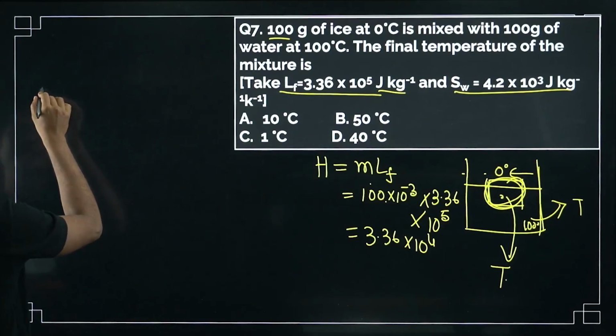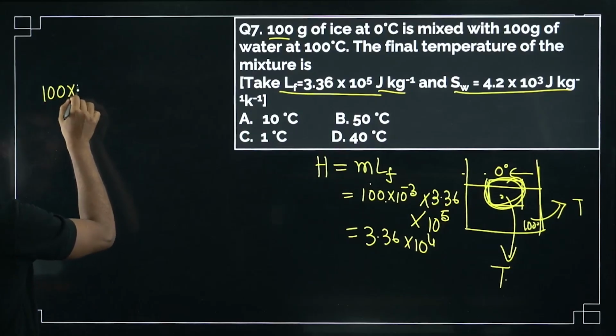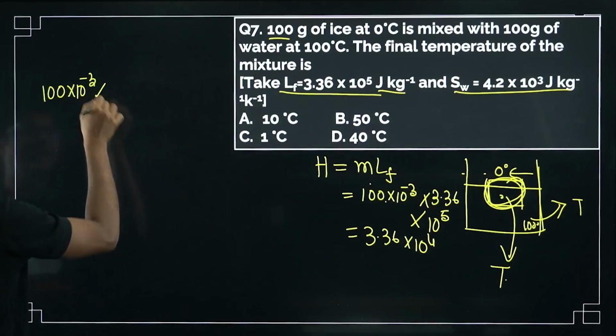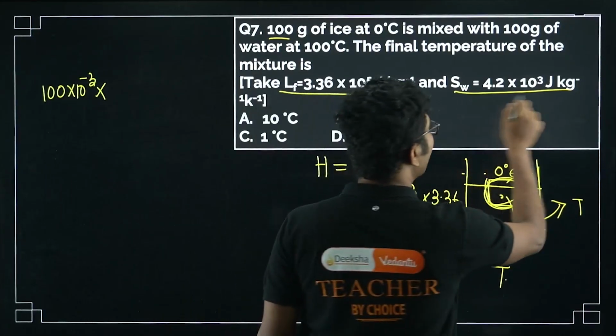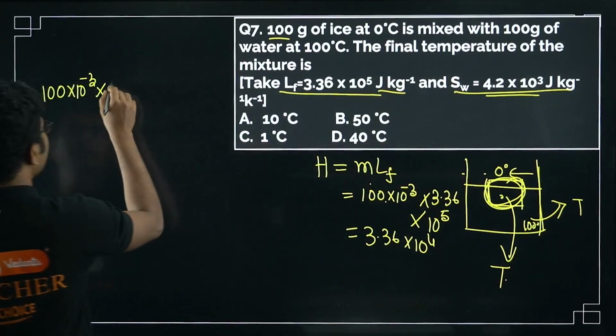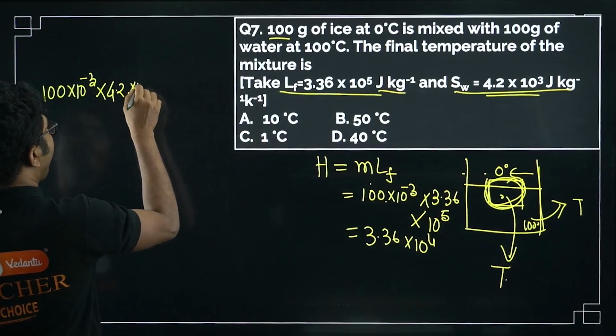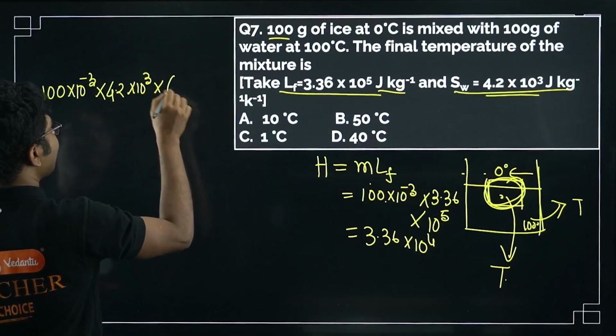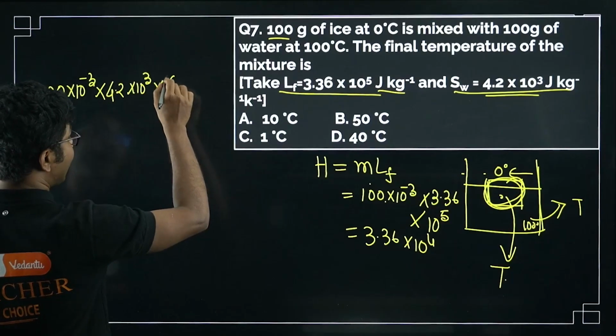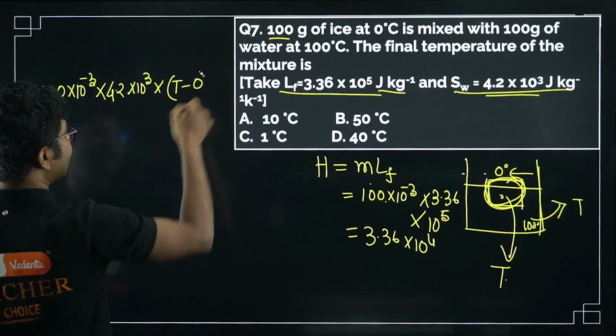So M is 100 grams, so 100 into 10 to the power of minus 3. S is given as 4.2 into 10 to the power of 3. Delta T means final temperature minus initial temperature.